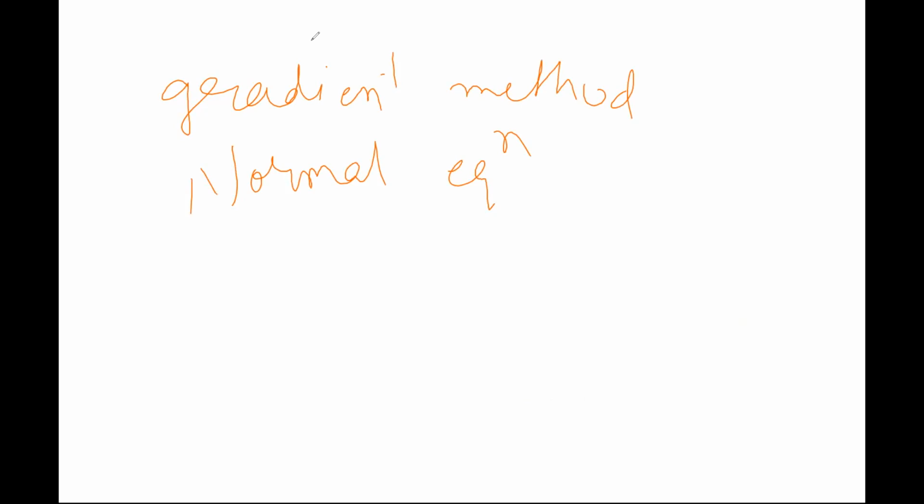If you go through gradient descent, you have to choose alpha, and to find theta you need to take iterations. In the normal equation case, do you need to choose alpha?